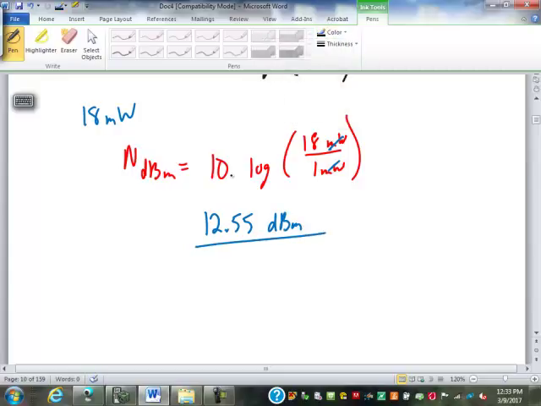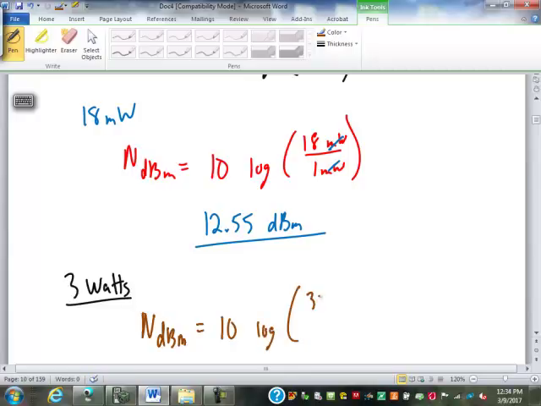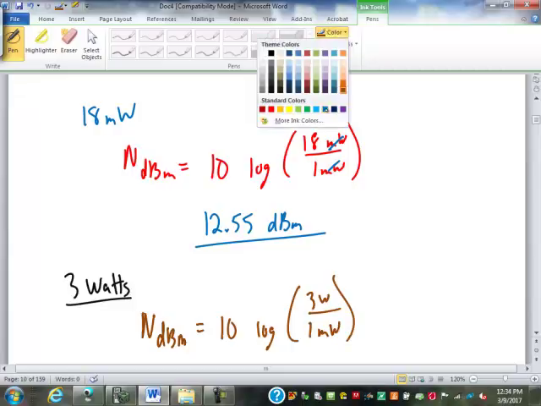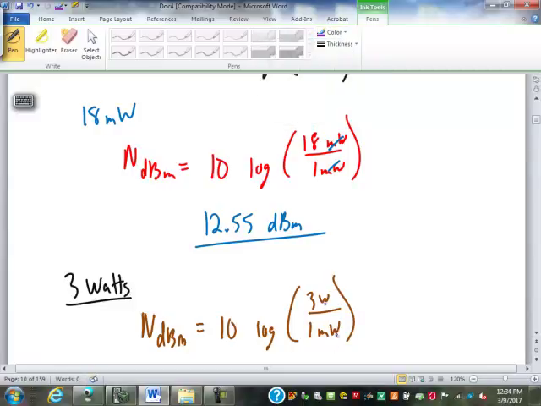So let's say I have something that is rated at 3 watts. And I measure it and it's actually putting out 3 watts. So its power level in dBm is going to be 10 times the log of. So now that we've got that 3 over 1, though, we realize units aren't the same.